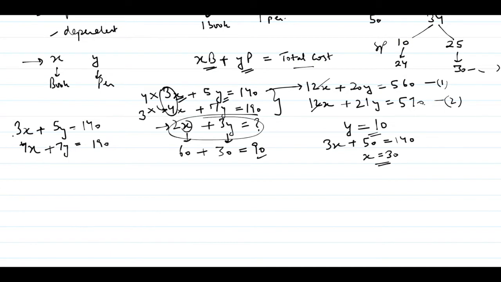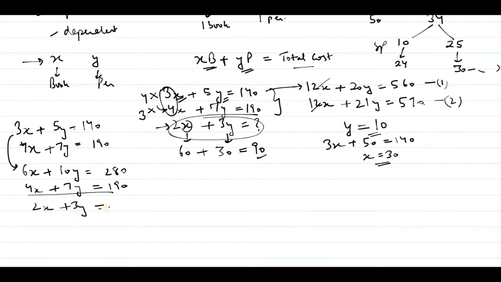If I multiply the first equation by 2, what will I get? 6x plus 10y equal to 280. And you have the second equation as 4x plus 7y equal to 190. Now if I subtract, what will I get? I'll get 2x plus 3y equal to 90. And we have to find this 2x plus 3y, so my answer will be 90.